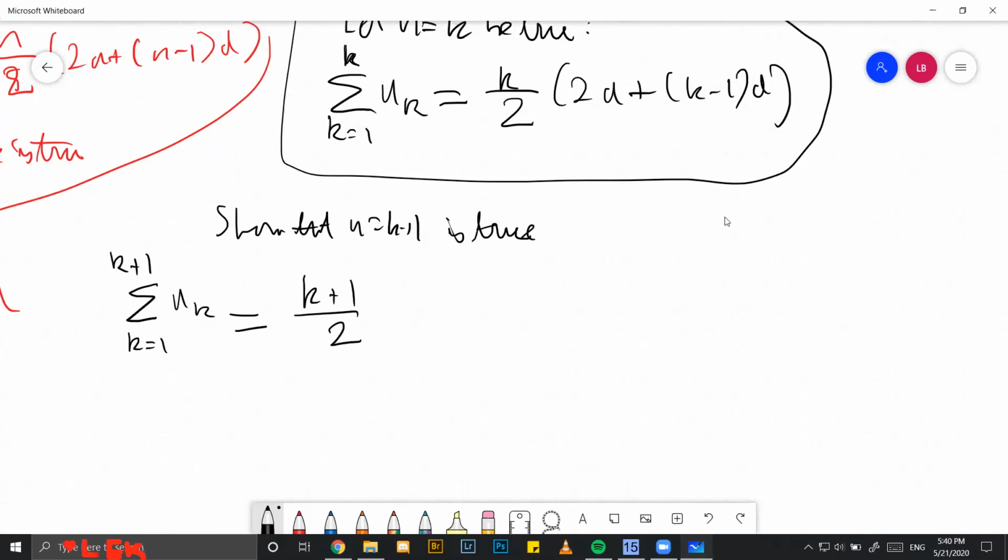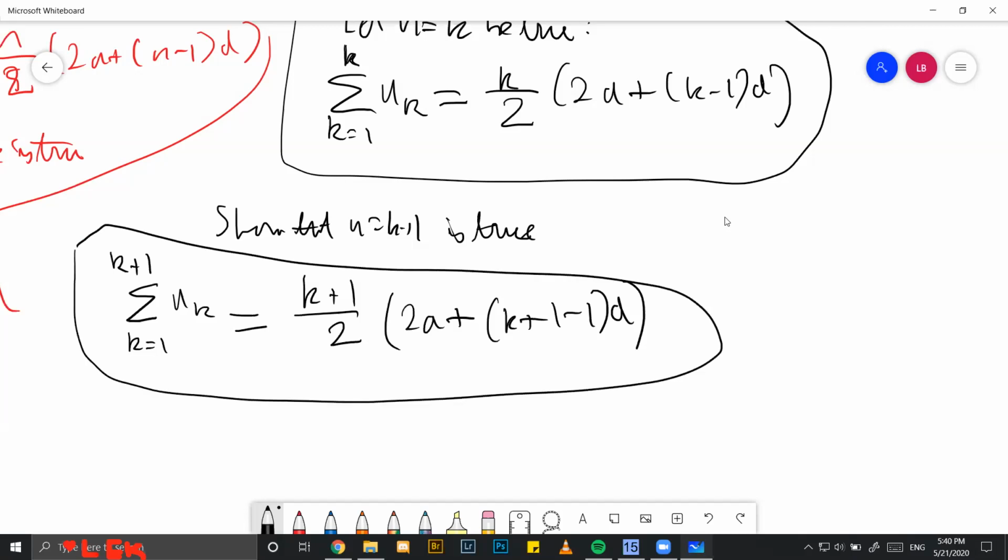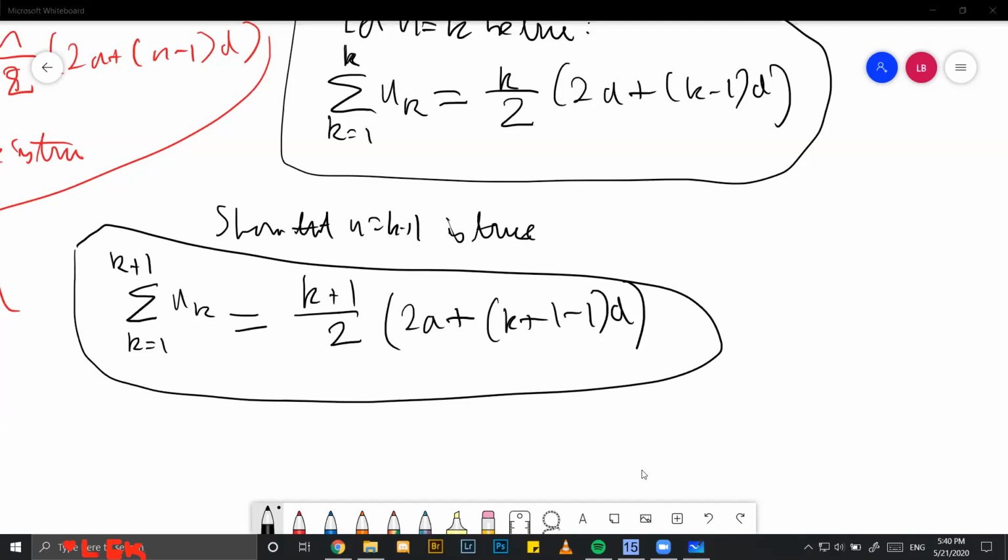This is what you want to end up with, so you're trying to reach this end result. By reaching it, you will show that the induction is true.